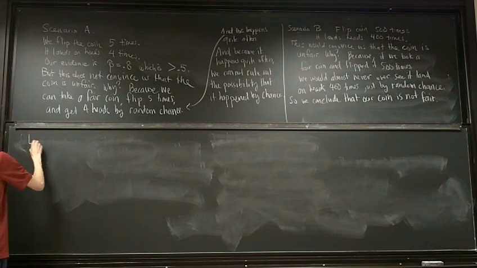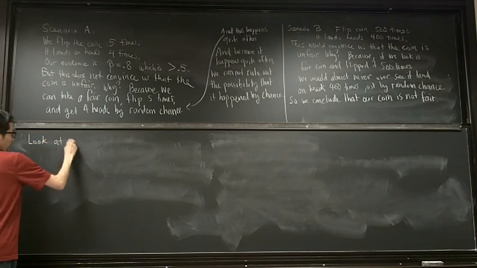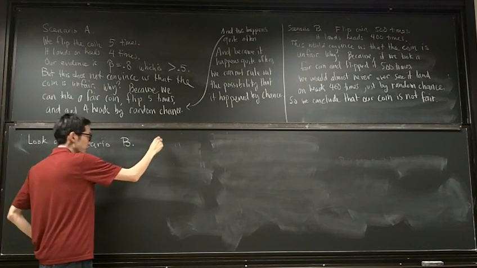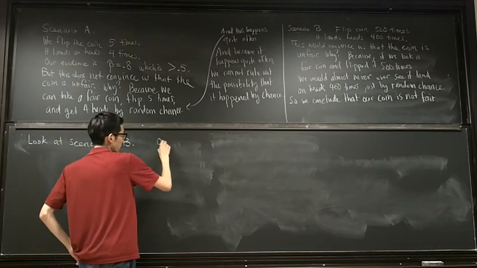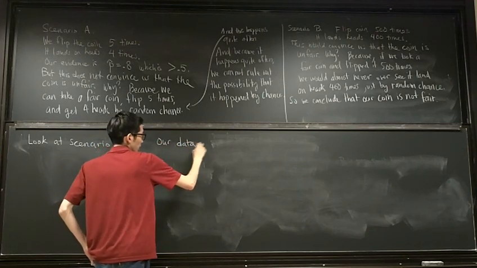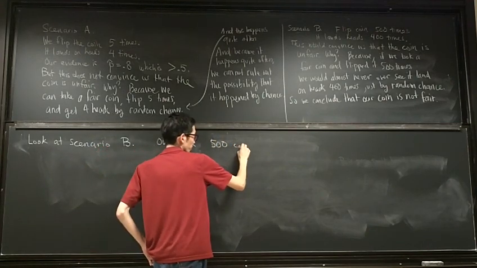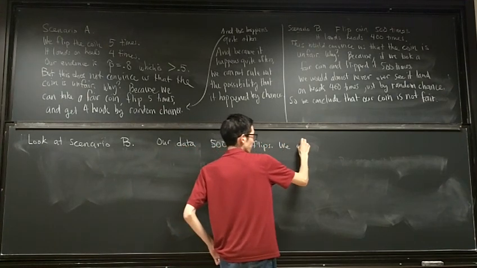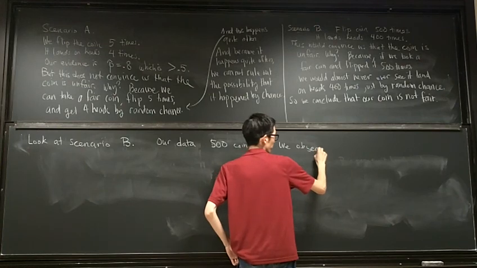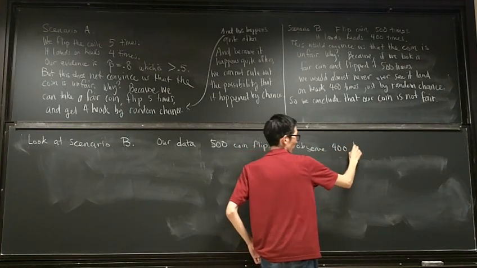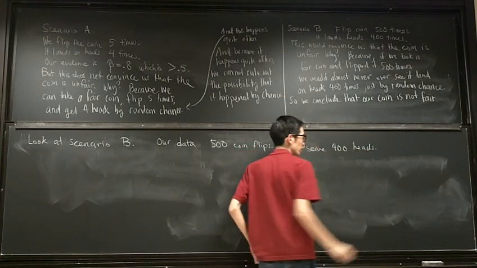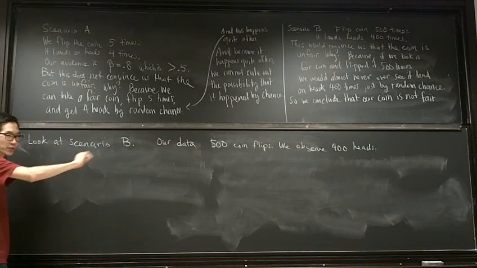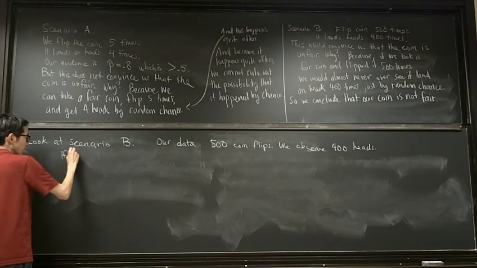So look at scenario B. Okay, so this is our data: 500 coin flips. We observed 400 heads. If the coin were fair, what's the probability of this happening or something more extreme? Okay?